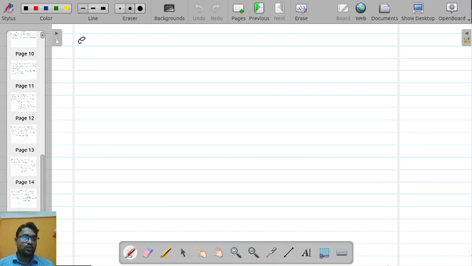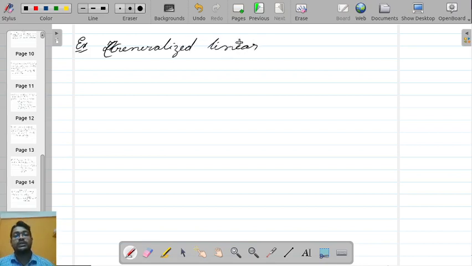Another group which we will discuss, I'll just give the heading, you can try to prove it. The set GL_n(R), which is actually called the general linear group. Till now we have seen groups of matrices with respect to addition.